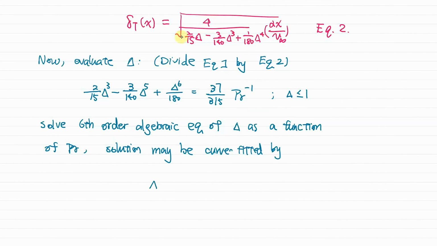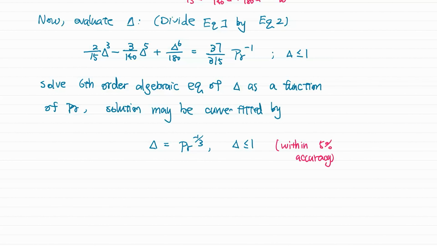So the capital Delta now equals the negative 1/3 power of the Prandtl number when the capital Delta is smaller or equal to 1. And this is pretty accurate, within 5%. Okay?